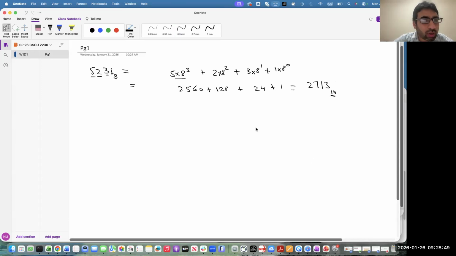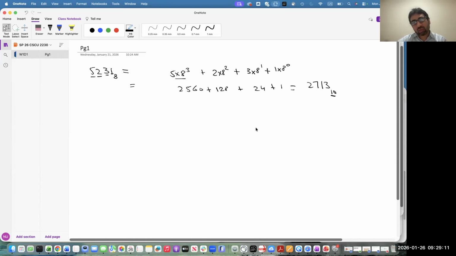For octal, we will always multiply by 8. Why? Because 8 is the base of the octal number system. When you are converting from octal to decimal, you use the base of the octal system, which is 8.